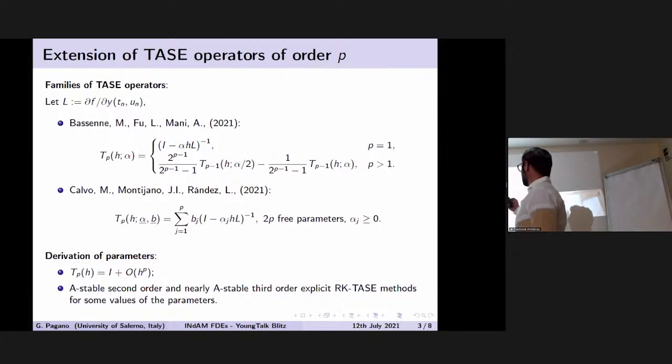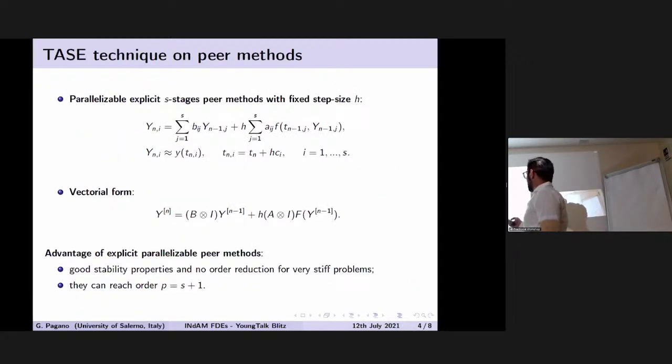With these two families of operators, the authors found stable methods of order 2, and nearly stable methods of order 3. Our research concerns applying the same technique to parallel and explicit methods, because instead of Runge-Kutta methods, we can reach a greater order, and they also have better stability properties.